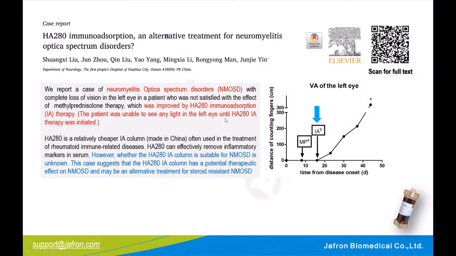Totally, this patient received just several HA280 hemoperfusion therapies.